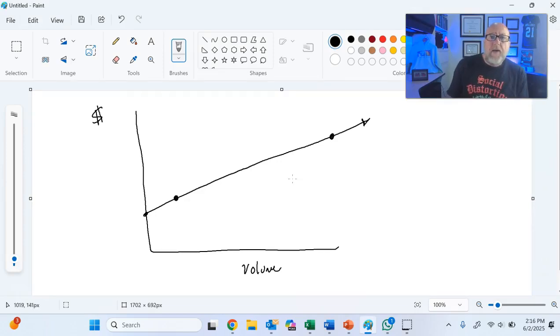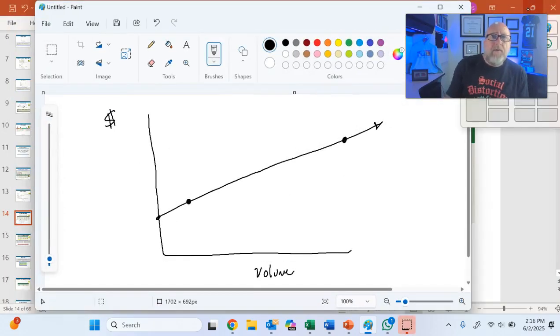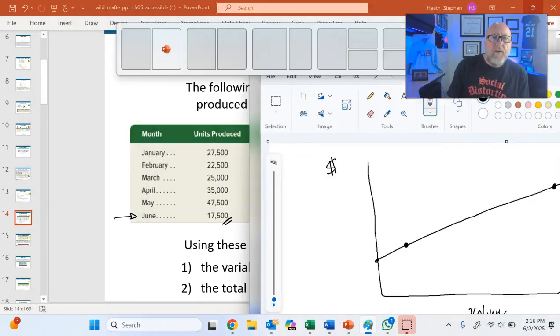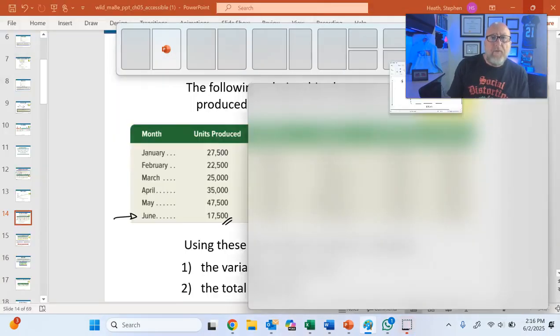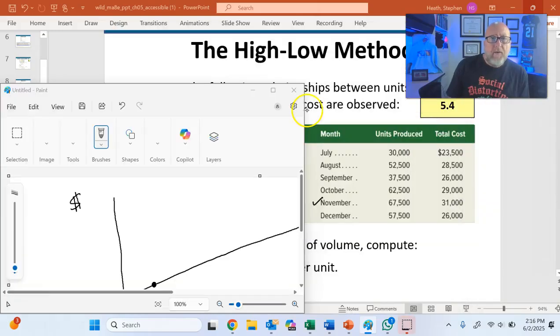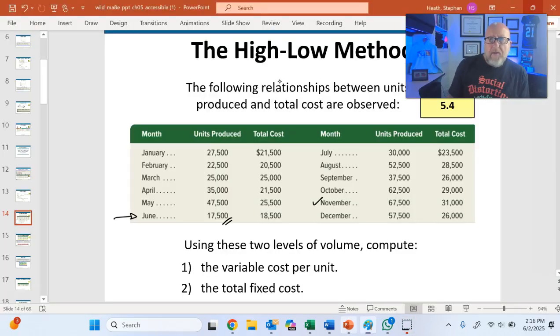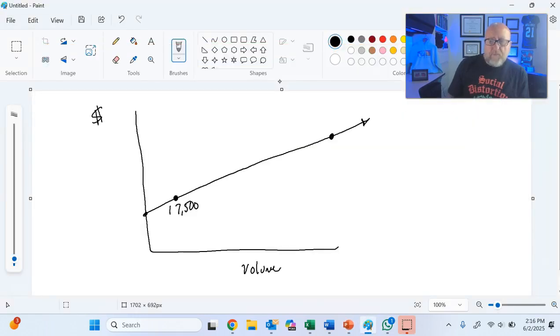Here is the high data point. And the associated volume with the low data point, I believe, was 17,500. Yes. Sorry for making this crazy, but it's 17,500. And then the big data point, 67,500.